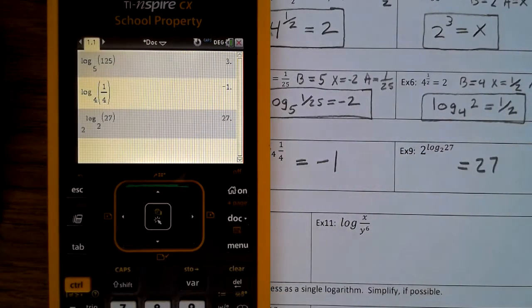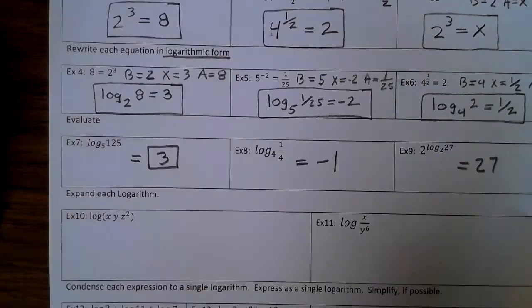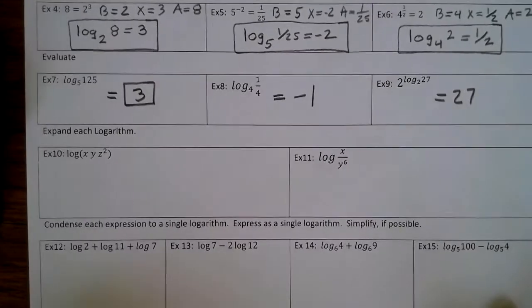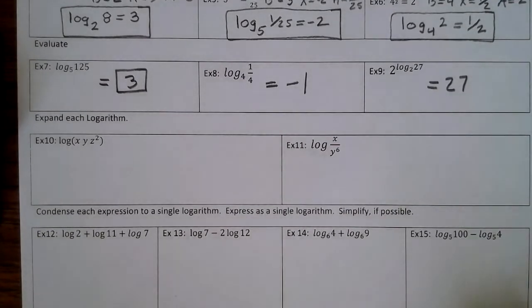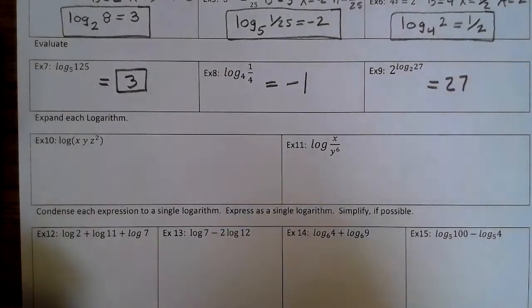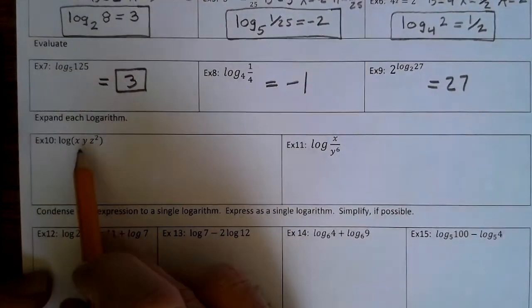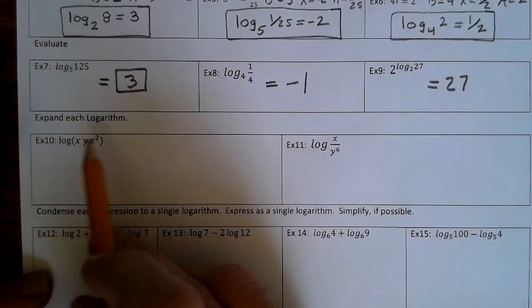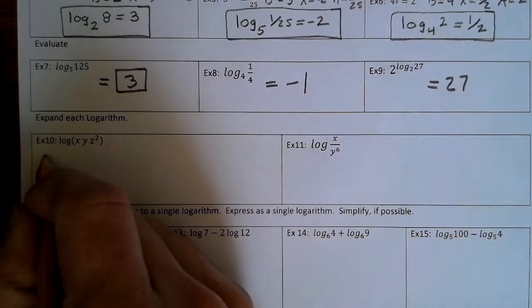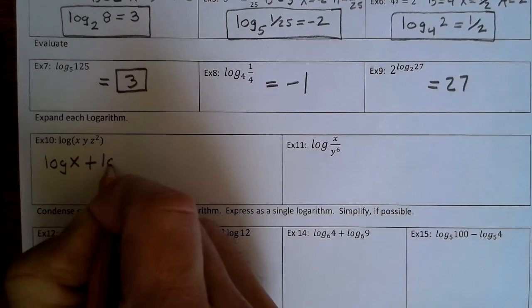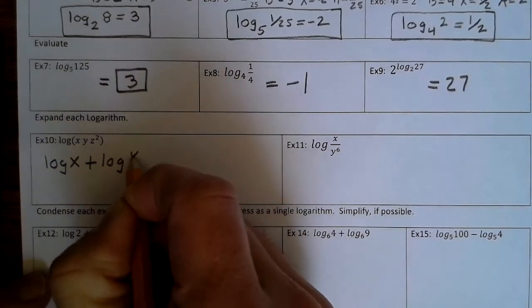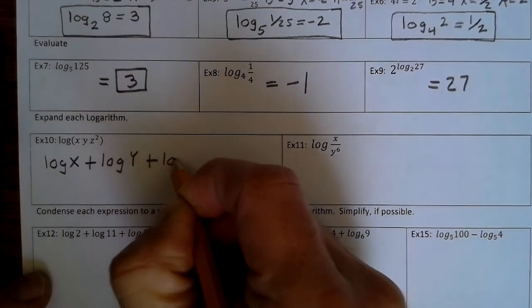Now let's take a look at example 10. It says expand each logarithm. Okay. Now we know from our notes that multiplication is addition, and this power is going to the front. So this would be log of x plus log of y plus log of z squared.